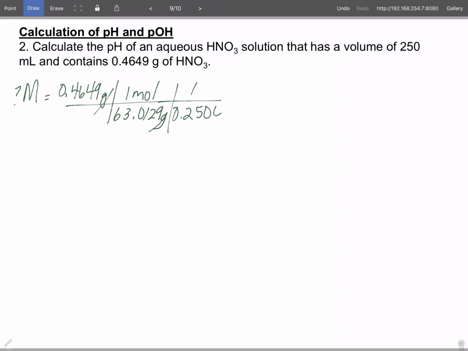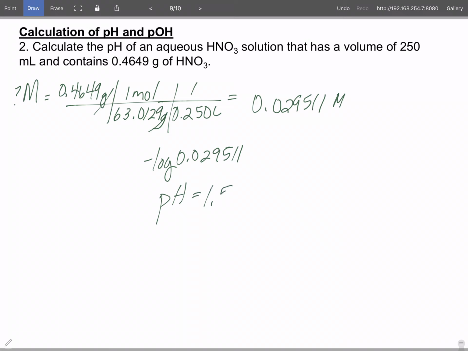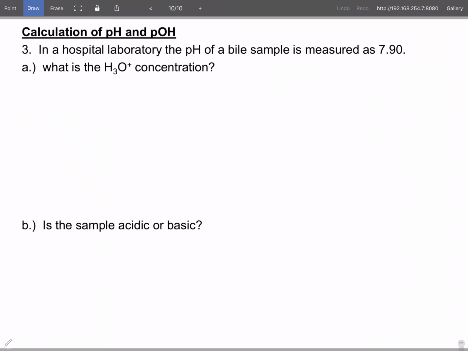Your grams cancel and you're left with moles per liter. So that gives you a molarity of 0.29511. So then you just take the negative log of that, 0.29511. So your pH is equal to 1.53. Now, guys, if you've noticed for pH, I'm keeping 2 places after the decimal. It just makes life a little bit easier.